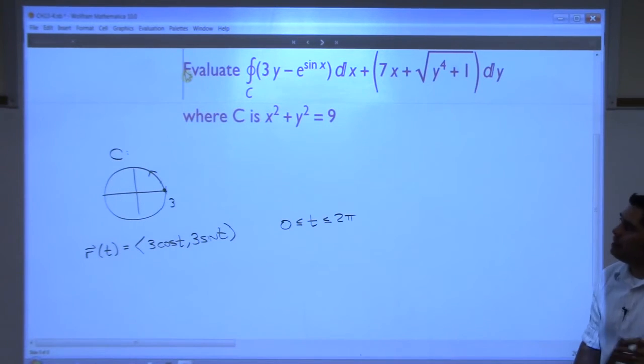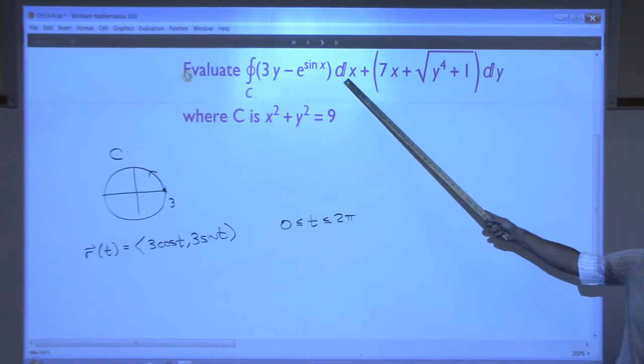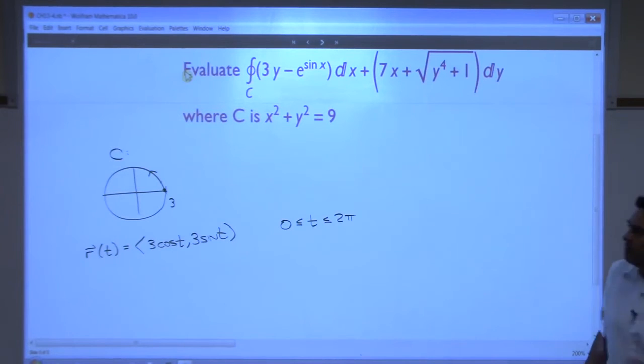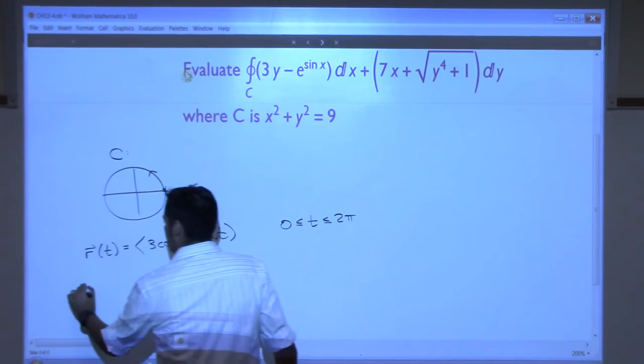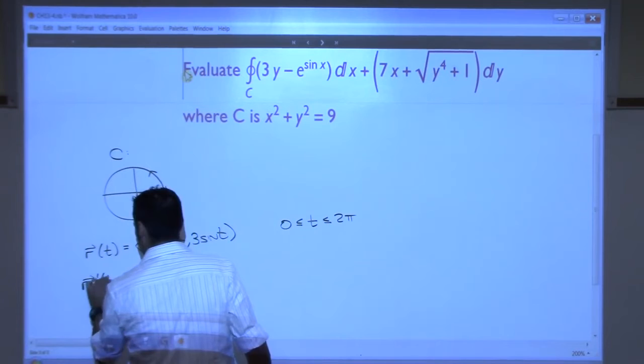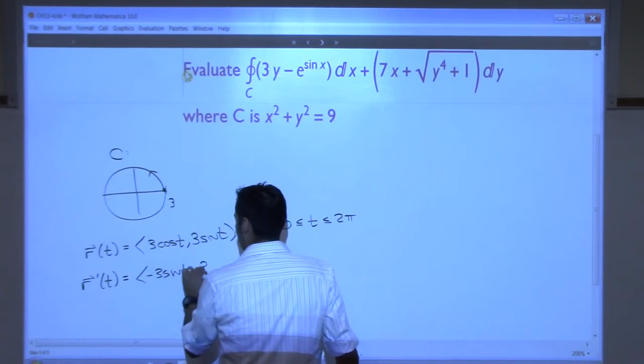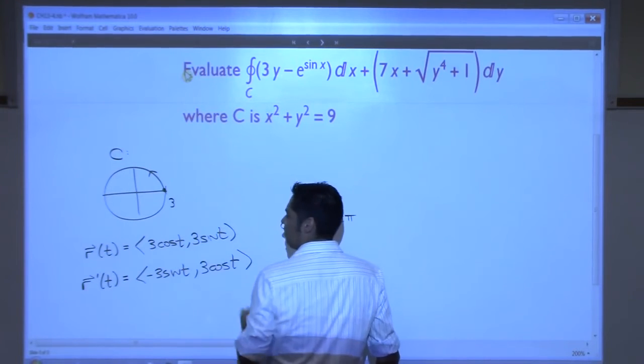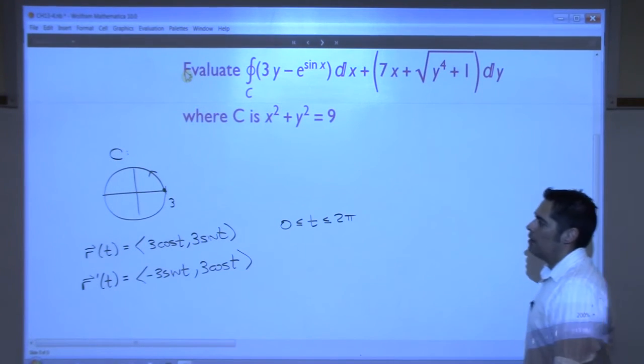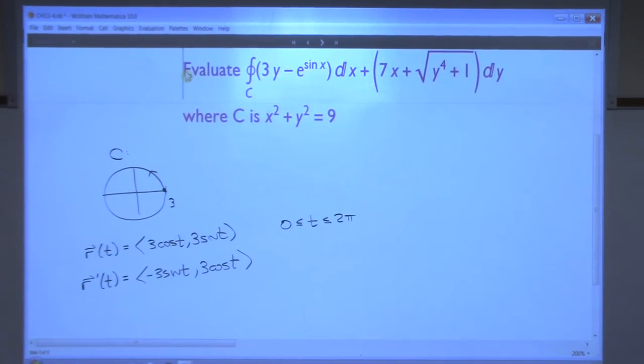And we're going to need the derivative in there, aren't we? Because we have to put in dx and dy, so we've got to have derivatives. That's okay. I'm not intimidated by this yet. Negative 3 sine t, 3 cosine t. But then I have to rewrite that whole thing now, right?